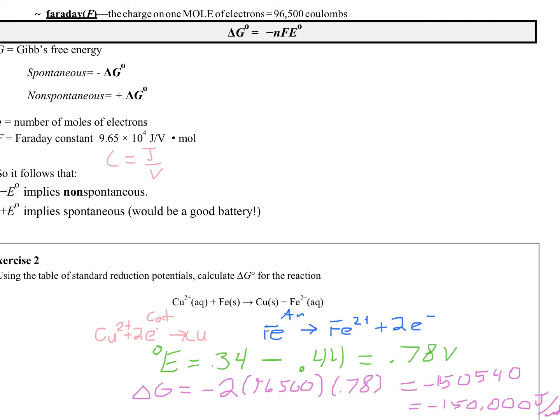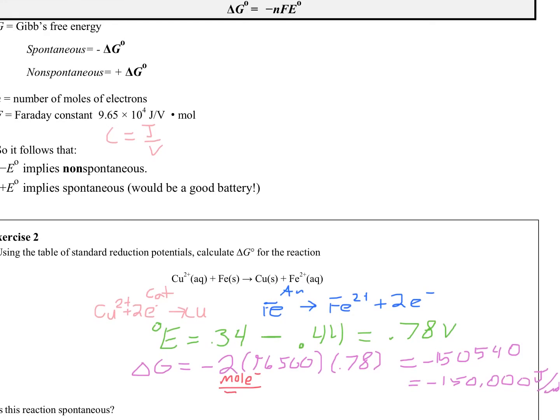So this was 2 moles of electrons per mole of the equation. Then 96,500, my unit here, was coulombs per mole of electrons.